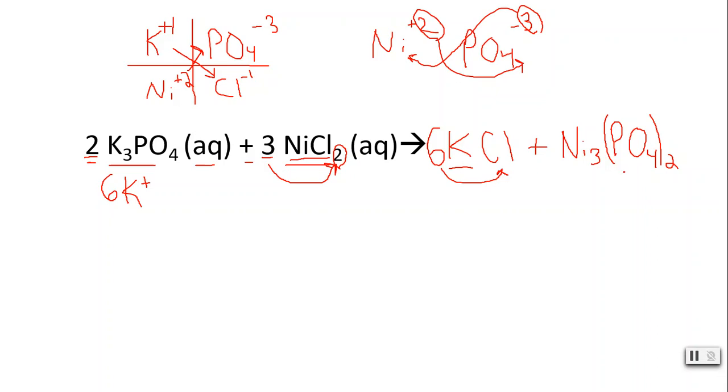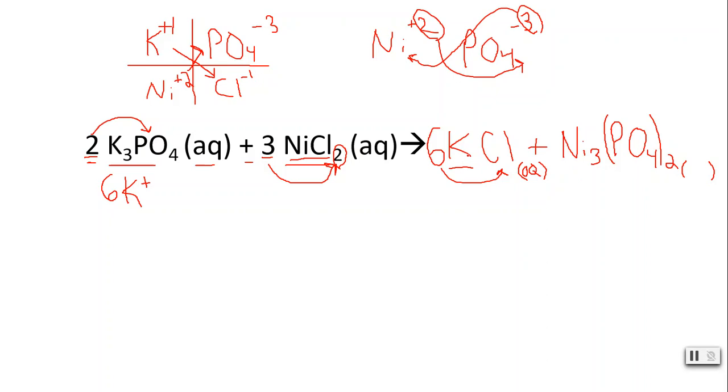So that looks good. I have 3 nickels on the right-hand side. I have 3 on the left-hand side. I have 2 phosphates on the right-hand side. I have 2 PO4s on the left-hand side. So we now have a balanced chemical equation. The only thing that's left to do is to use our solubility rules to determine the states.